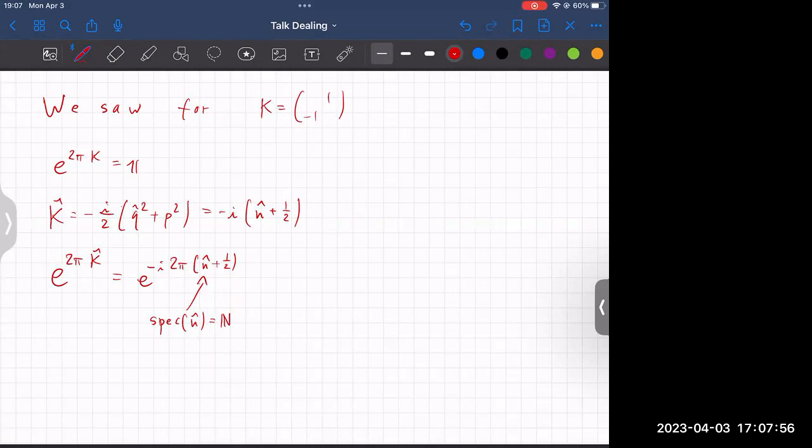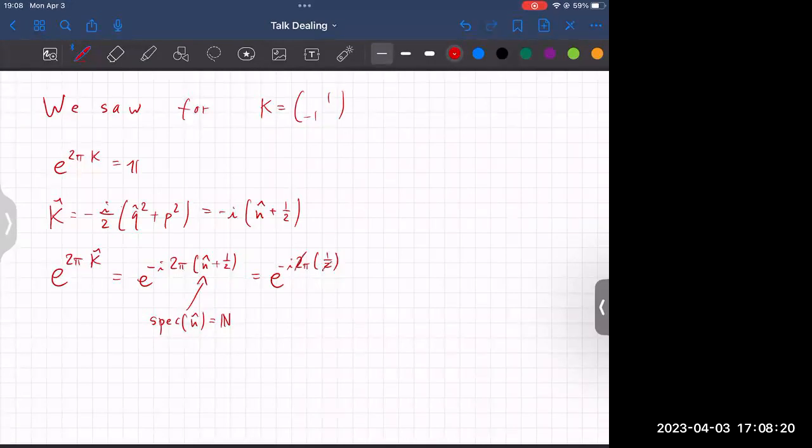And of course, we know that i times 2 pi times an integer, if we take the exponential, is just equal to 1. Therefore, overall, we find that this is the same as e to the minus i 2 pi times 1/2, because all the integers don't matter.